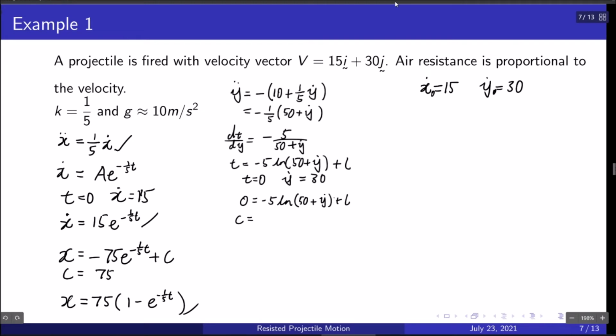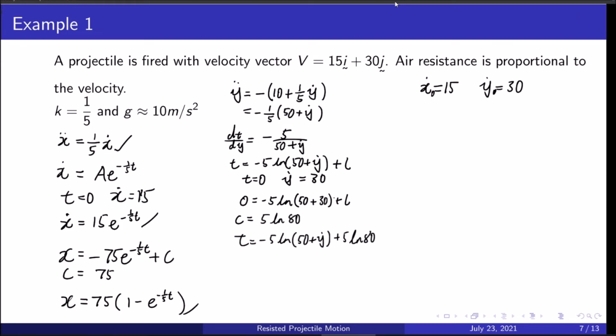So c has to equal, oh, sorry, it's 30 here, my bad, plus 30. So c just equals 5 log 80. Substitute everything back in, we end up with t equals negative 5 log 50 plus y dot plus 5 log 80.